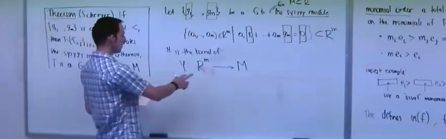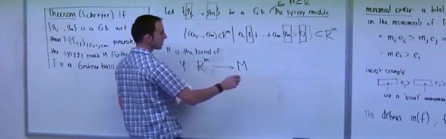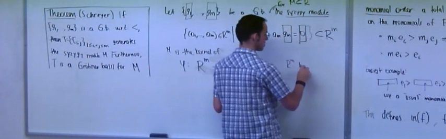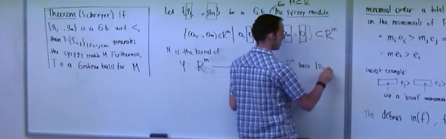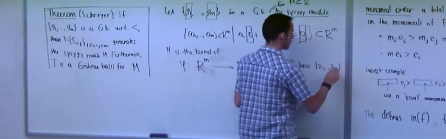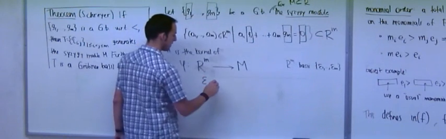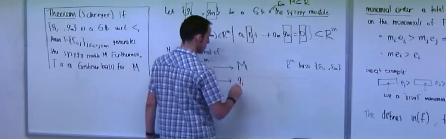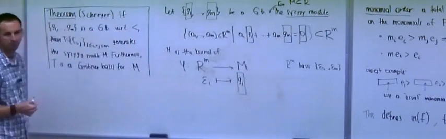So the syzygy module is the kernel of the map that takes, let's say that R to the m has basis epsilon 1 up to epsilon m. And then I'm going to map each basis vector to this gi.